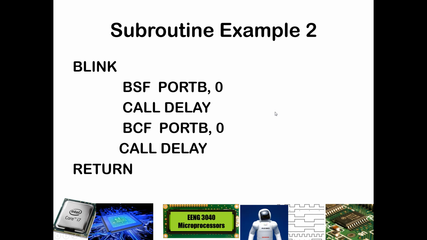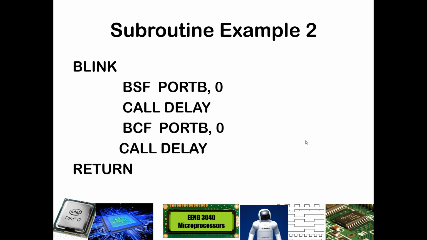This will be a delay subroutine that we have also written, and then we're going to clear port B bit 0 and then call for another delay. This will blink this particular port on and off exactly 1 time. So we'll set it, delay, clear it, delay, and then go back.